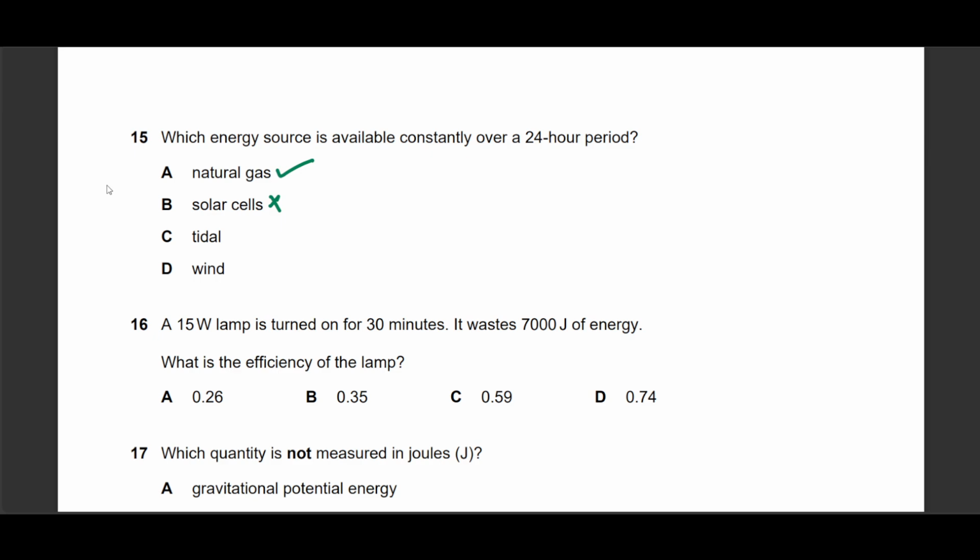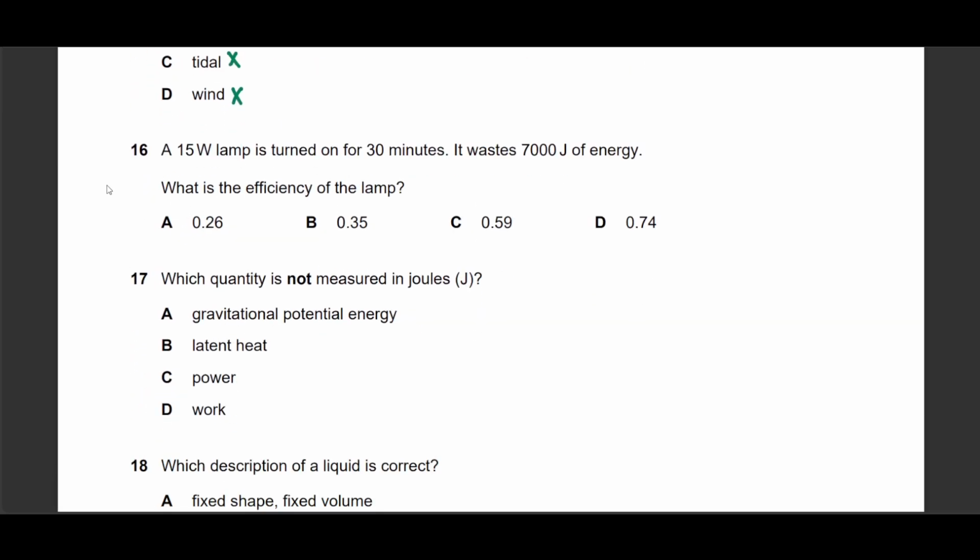So again, it depends on the temperature and on whether it is present or not. So it's not 24 hours. Wind again is subject to the conditions of the area itself. So again, it is not available 24 hours. Only natural gas, coal, petrol or diesel would be available for a 24-hour period because we can use it by pumping it out of the Earth's crust.